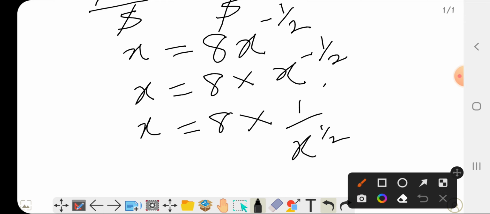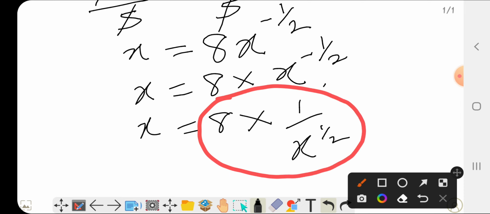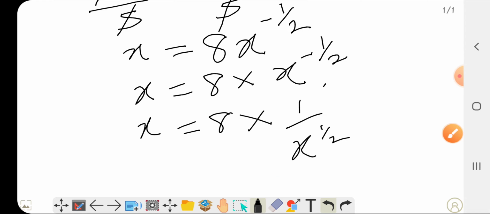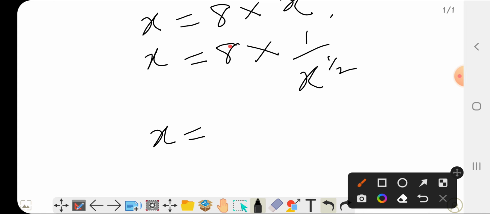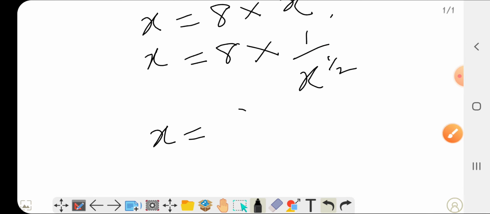Then multiplying the 8 by this 1 over x raised to the power 1 over 2, I'll get x equals 8 times 1 gives me 8 over the x raised to the power 1 over 2.